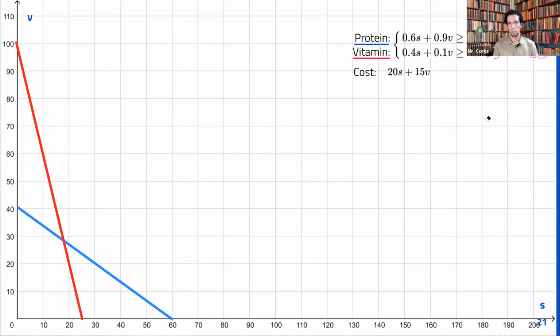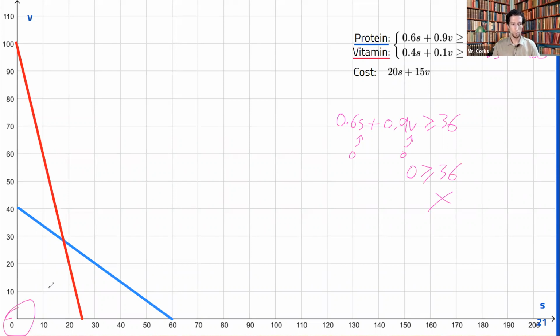If we took either one of these, say 0.6S plus 0.9V greater than or equal to 36, we could test any point we want, but just test the point 0. So 0.6 times 0 for S and 0 for V. Obviously the whole left side is going to turn into 0. 0 is greater than or equal to 36, a false statement.